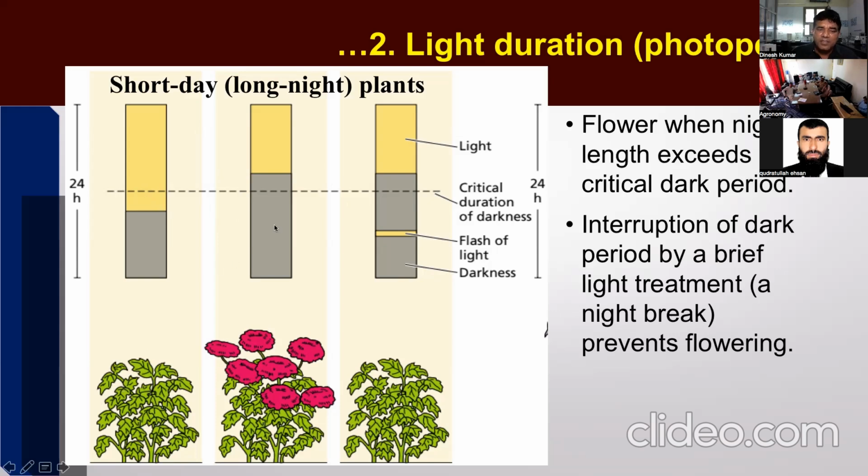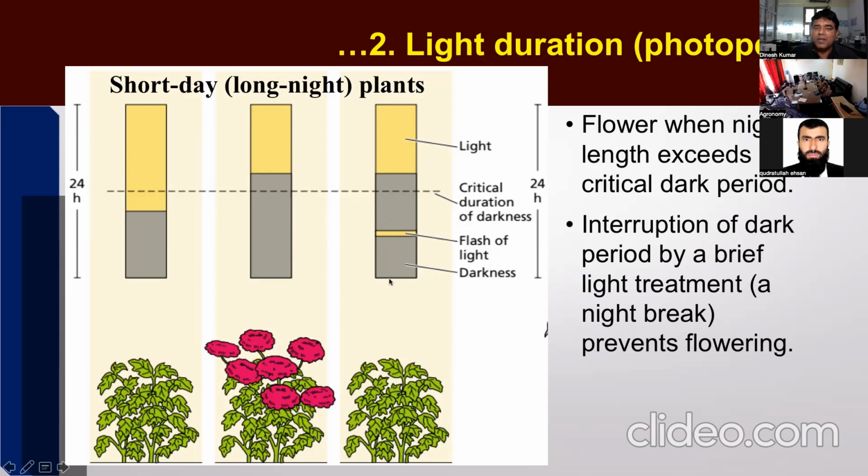Now see the next case. This is the critical darkness period, roughly half. If the darkness period is even more than the critical duration, then the plant can flower. So you can see light is not influencing the flowering. It is the dark period which is important. See the third case.